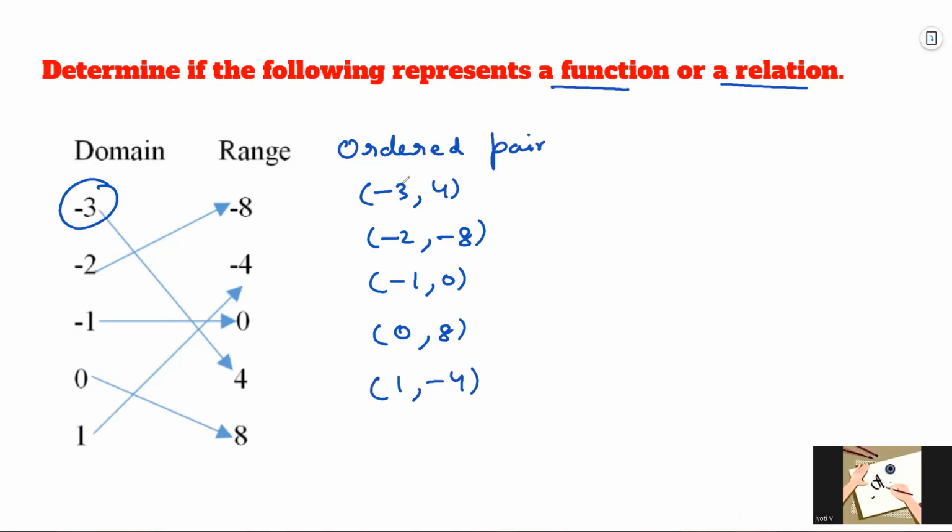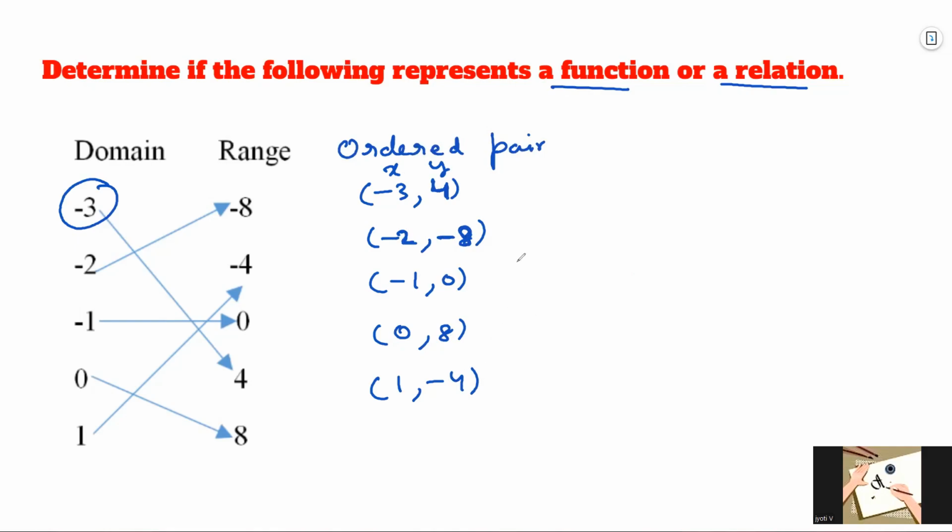So clearly you can see that elements in the domain set, that is the x part of the ordered pair, are distinctly mapped to one and only one element in the range set. So -3 is related to 4 only. -2 is mapped to -8 only. -1 to 0, 0 to 8, 1 to -4.